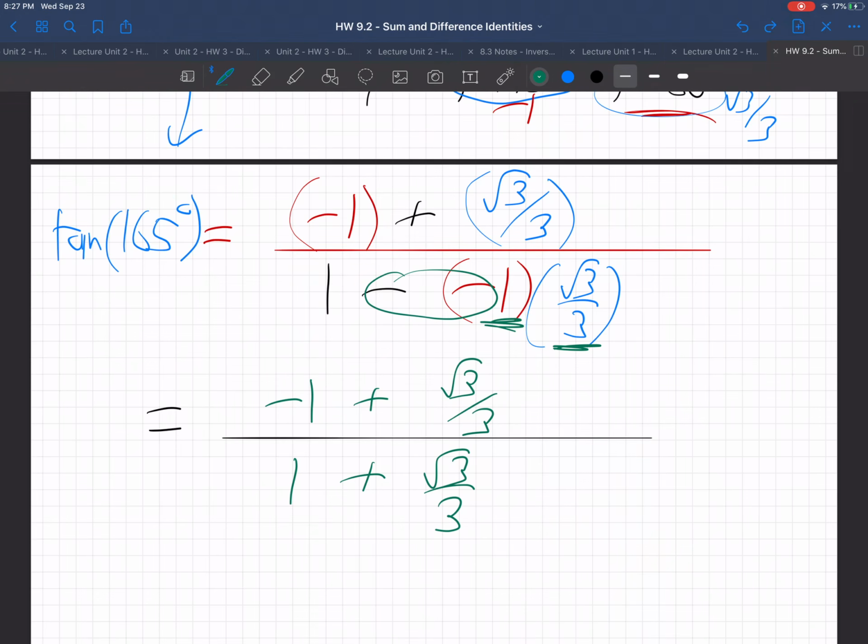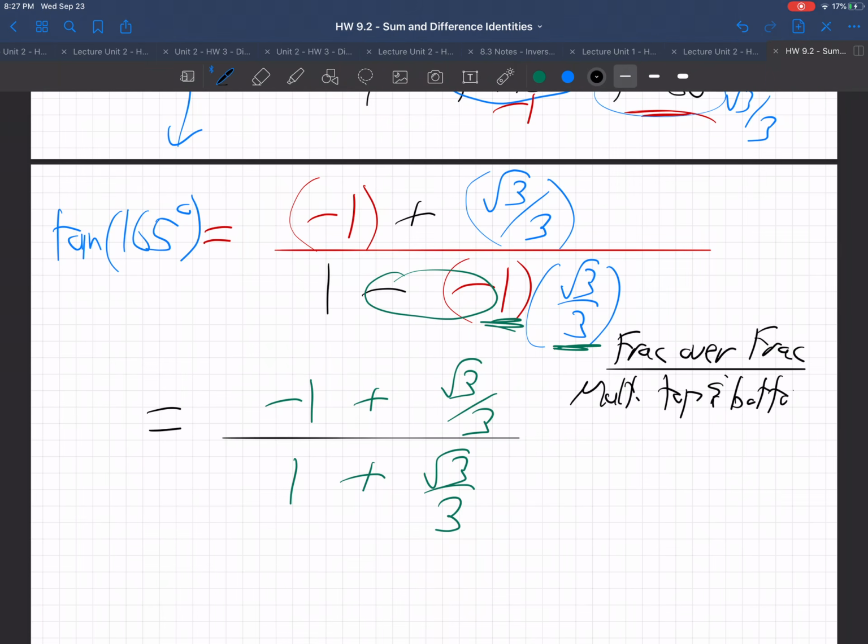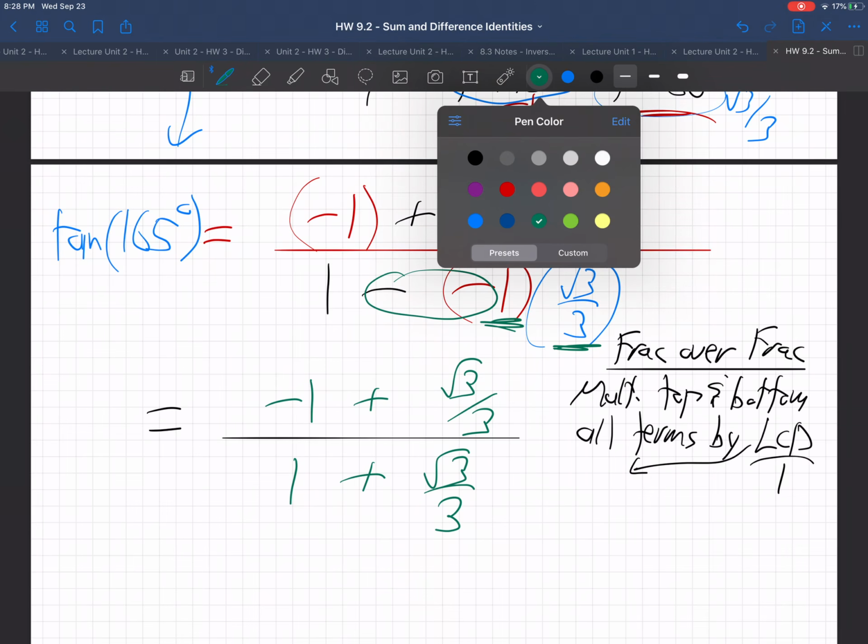Okay, so now what do we do with this thing? This is fractions over fractions. Do you remember? We've had this a couple times. When you have fractions over fractions, what do you do about it? You multiply the top and the bottom, all terms, by the LCD over 1. And what in the world is the LCD?